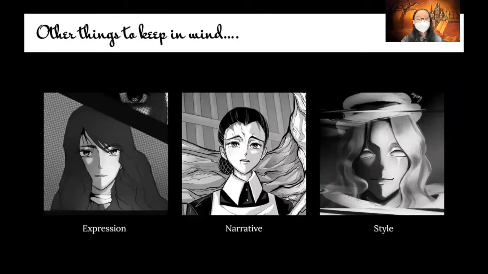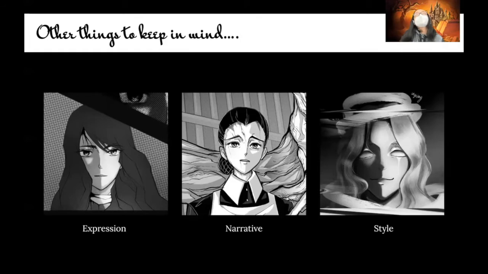Here are some other things you should keep in mind in addition to shape language. This is things like facial expression, narrative, and style. For example, in terms of facial expression, there are so many different muscles on the human face, and the slightest shift in how you draw the eyes, for example, can dramatically shift the expression of a character. Secondly, narrative.